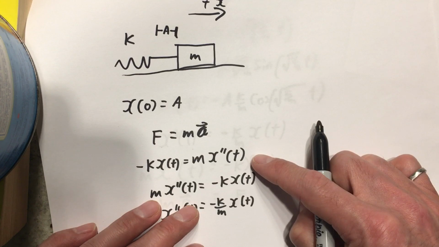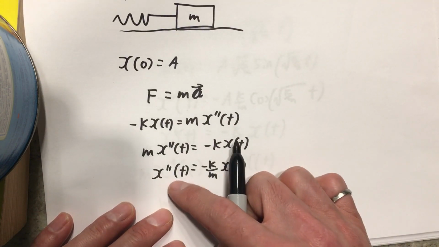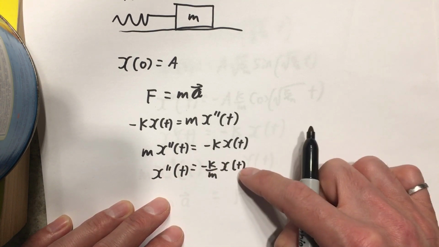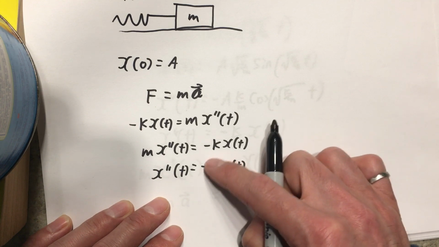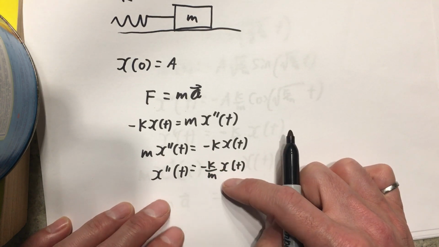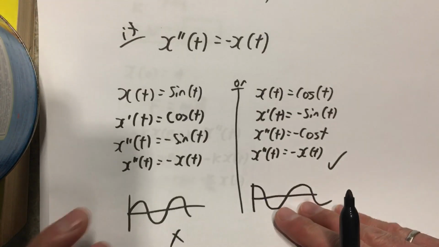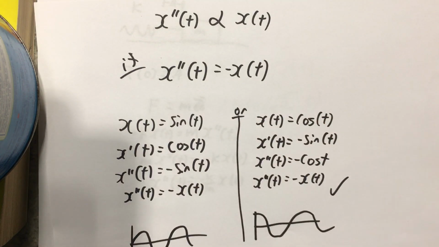That's our differential equation. We rearranged it and then had a close look by inspection and said, wow, the second derivative is equal to the original function. It's just made a negative and multiplied by some number. I've seen that before. And then we thought back and said, oh yeah, we saw that both with our original function being sine and cosine. Again, that just comes from experience of having taken the derivatives of many functions. That's why you studied calculus, partially.